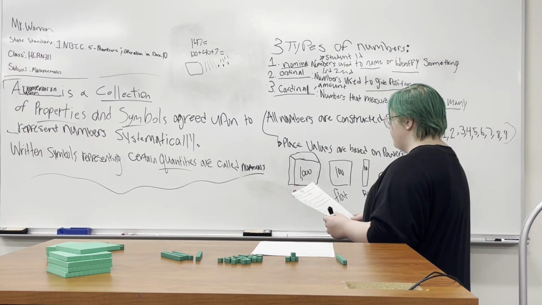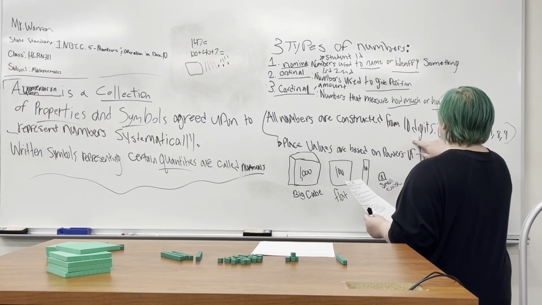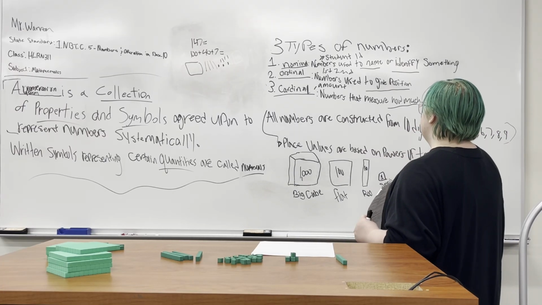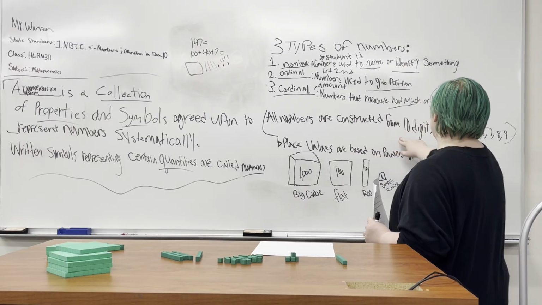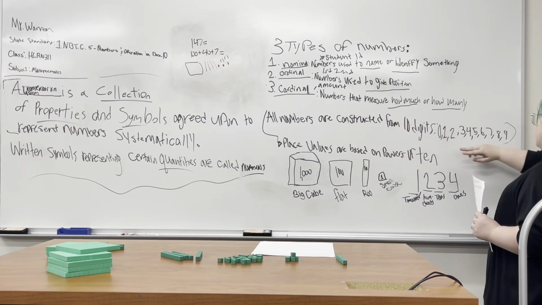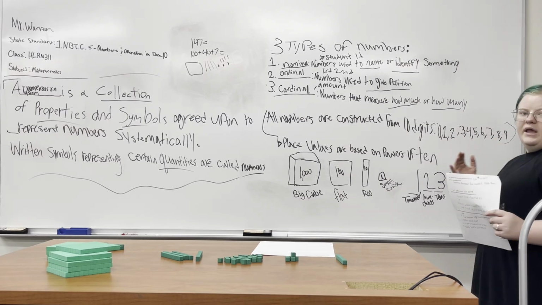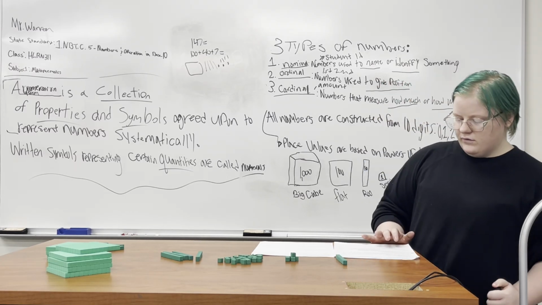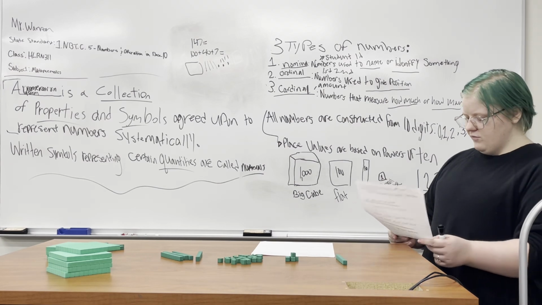Now, going into our base 10 blocks, we're going to first look at our place values. These are the numbers that are going to be constructed from the 10 digits. The numbers that we're going to be using: 0, 1, 2, 3, 4, 5, 6, 7, 8, and 9. Now, these place values are based on powers of 10, the number base of the system.